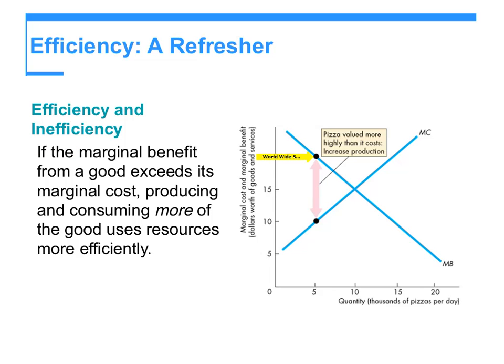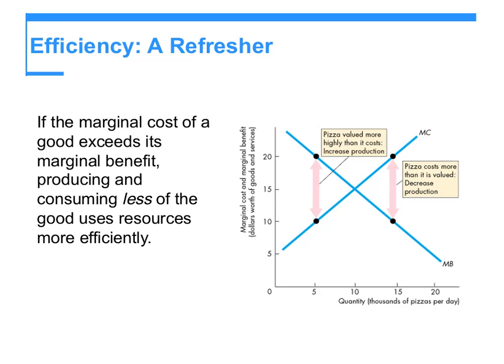This is the difference, this red flash. Producing and consuming more uses resources more efficiently. So if we do so, we reach the point that marginal benefit and marginal cost are the same.